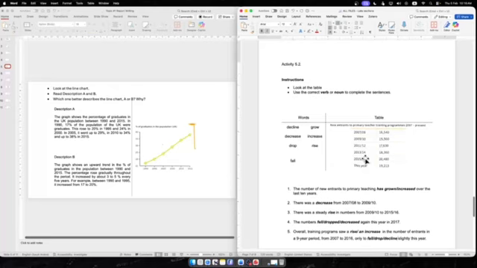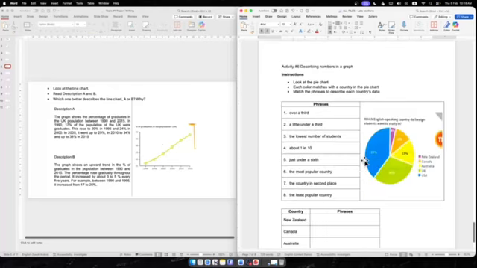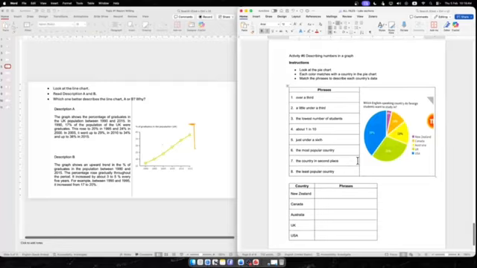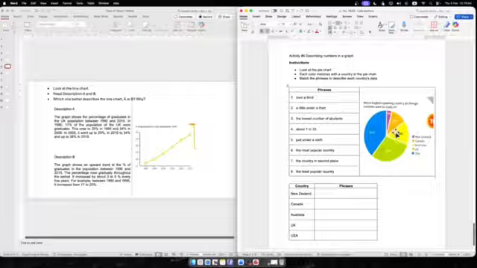Okay, now let's go to the last activity right here, number 6. All right, so we're working with the pie chart this time. We're done with the table, now we're doing the pie chart. If you recall, this is 100% of students' choice or preference to study in an English-speaking country.